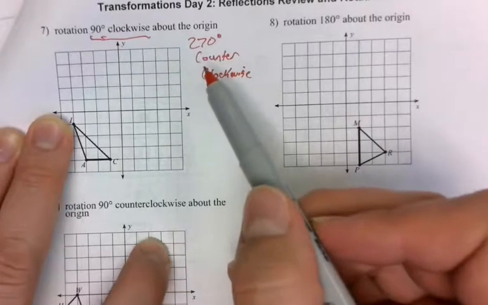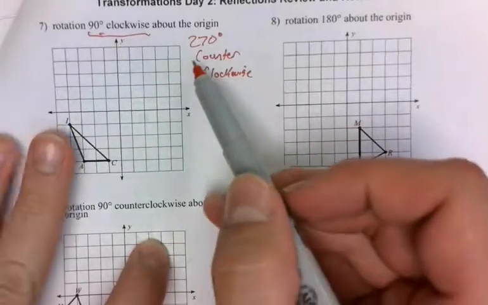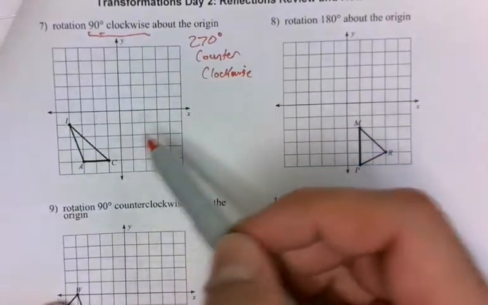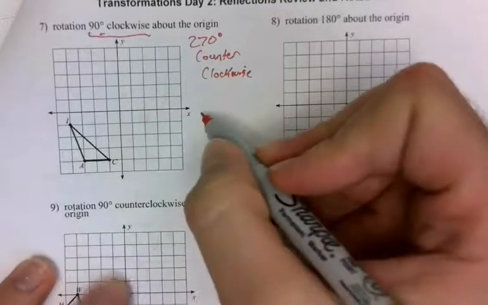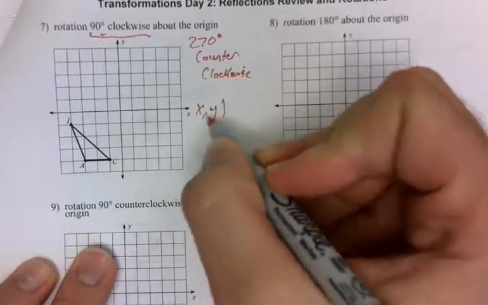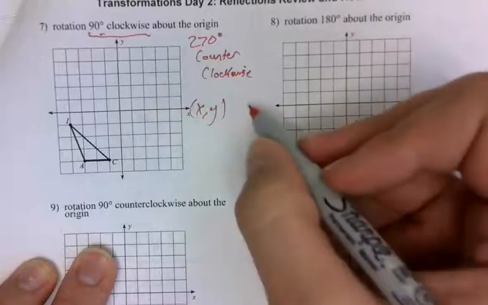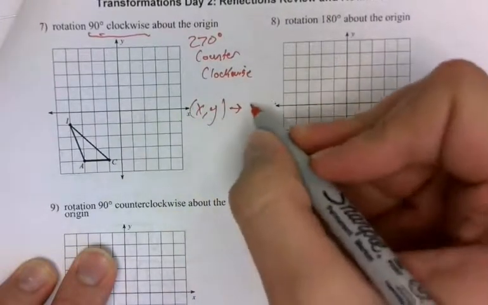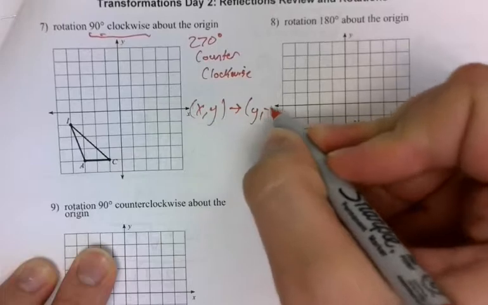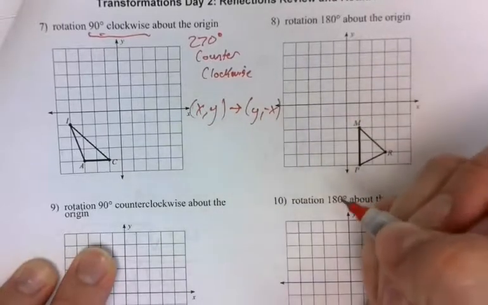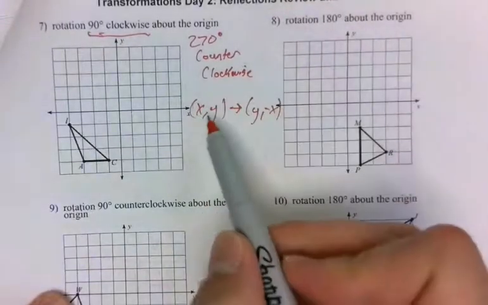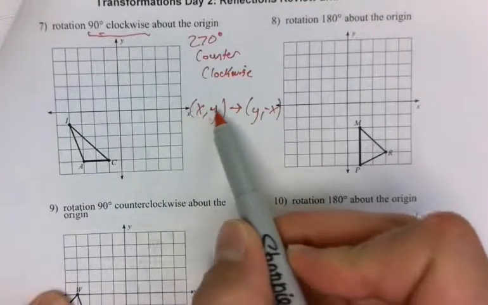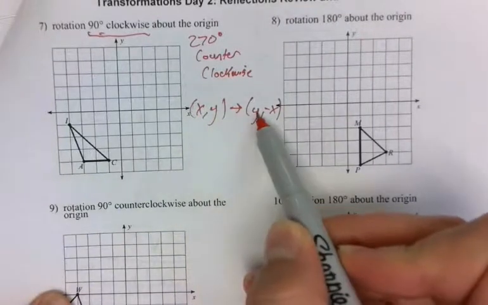Okay? And the rule for that, where you're going to be able to solve this, is the point (x, y), that's a general point, will become (y, negative x). Now what does that mean? What that means is you'll notice that you have (x, y), whereas now you have (y, x).